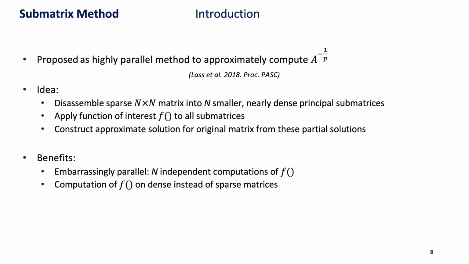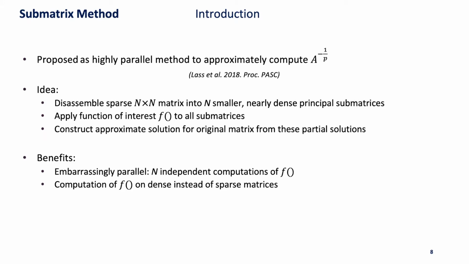And then we can construct an approximate solution for the original matrix from all these partial solutions. And the benefits here are, well, firstly, it's embarrassingly parallel because all the n computations of the sign functions can basically be done in parallel.